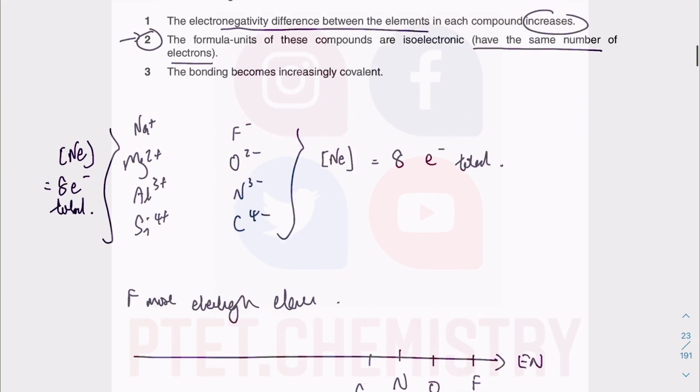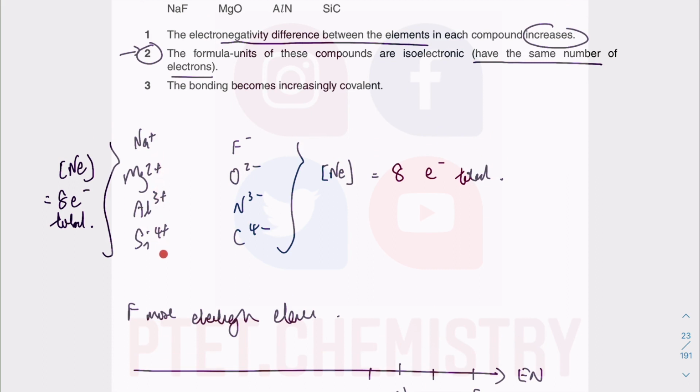In terms of the metals, which one is easier to lose electrons? That means it's more electropositive. It's actually easier for sodium. And we also know that across the period, sodium, magnesium, aluminium, and silicon, going that way, EN would decrease. It becomes more electropositive, that means electronegativity decreases.